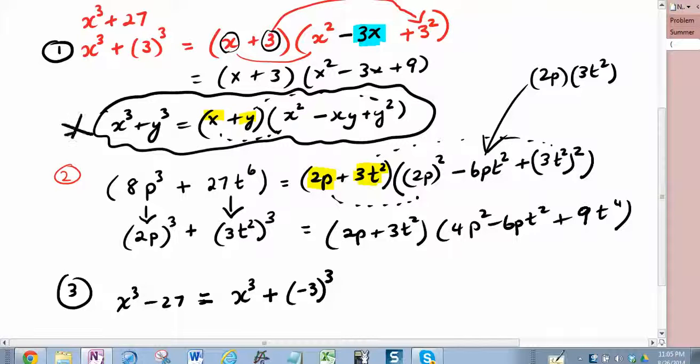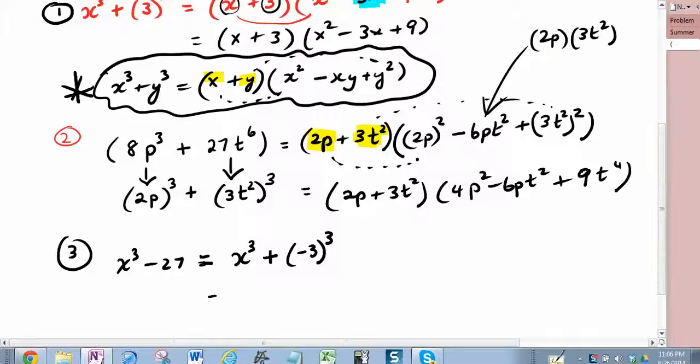I can use the one I've got there, because when I have this difference of two cubes, I can always write it as the sum of two cubes, where minus 27 is simply negative 3 all cubed. So I just simply use the result I got before.